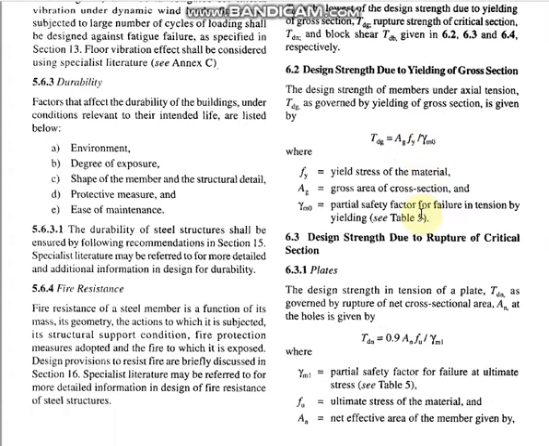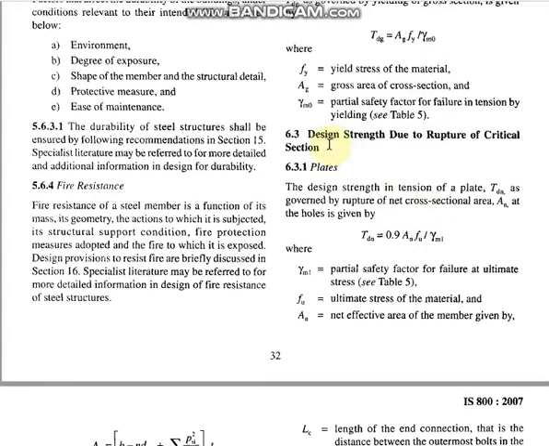Clause 6.3 gives information on design strength due to rupture of critical section. Here the design strength due to rupture formulas are different for different members. Clause 6.3.1 gives design strength due to rupture of critical section for plates.